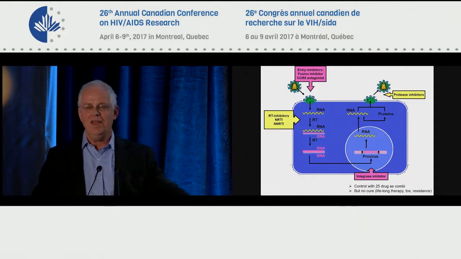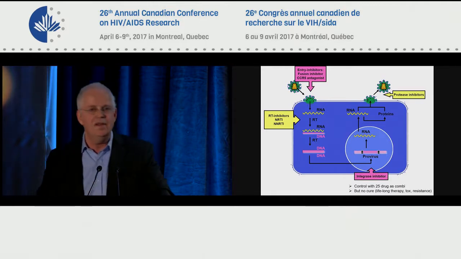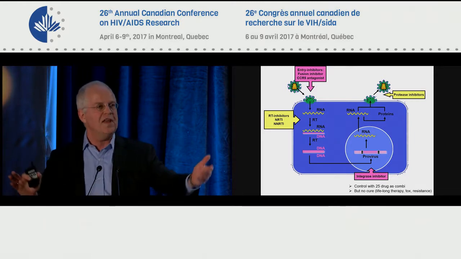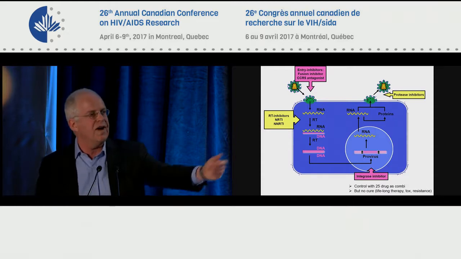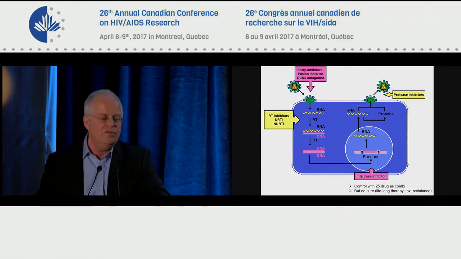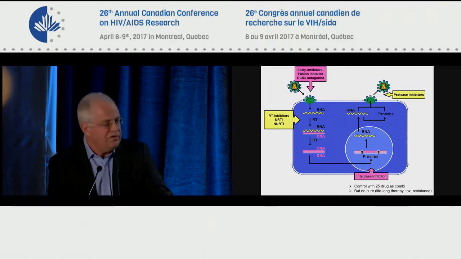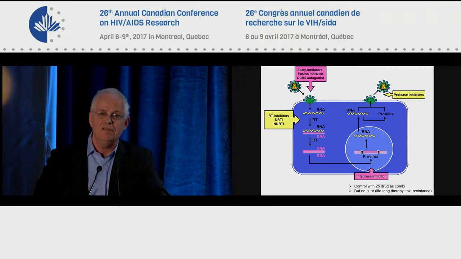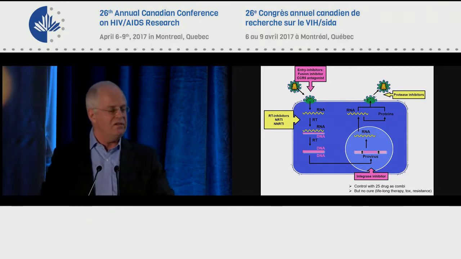So this is our playing field, not a patient, but a T cell that can be infected. I'll just quickly go through the cycle and point out a few points that will become important later on. So of course the virus has an RNA genome which is reverse transcribed. It's converted into double-stranded DNA that then is imported into the nucleus, and that's a unique property of this type of virus, where it's integrated into the human genome.